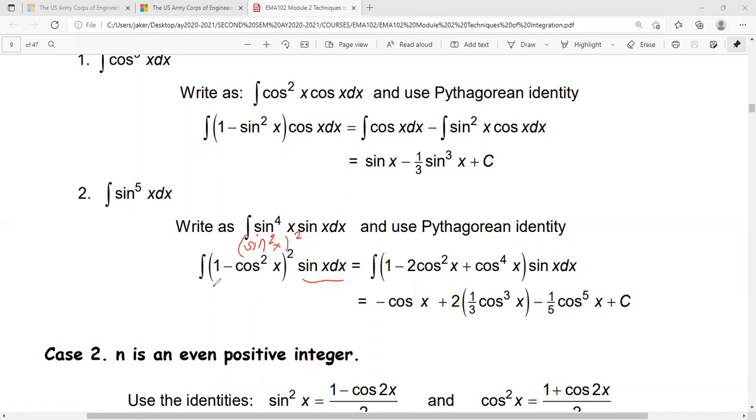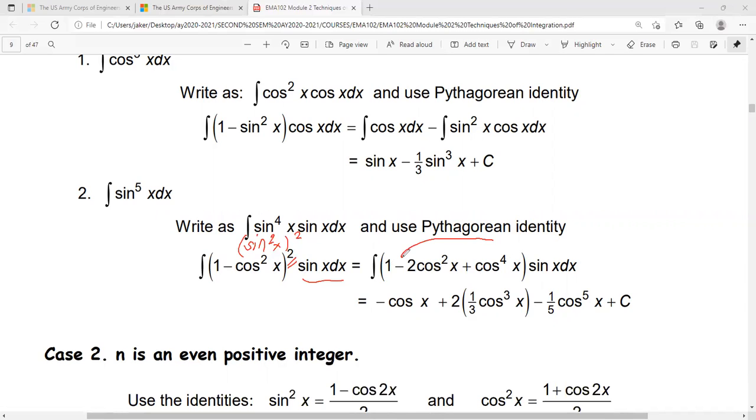This is the Pythagorean identity, 1 minus cosine squared of x, which is equal to sine squared of x. Since this is squared, you should also square this one. And you do expansion. So if you have this expanded, you will have 1 minus twice the product of these two, so 2 cosine squared x, and the square of that, which is cosine x raised to 4.